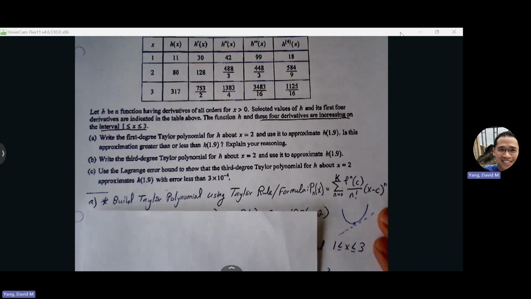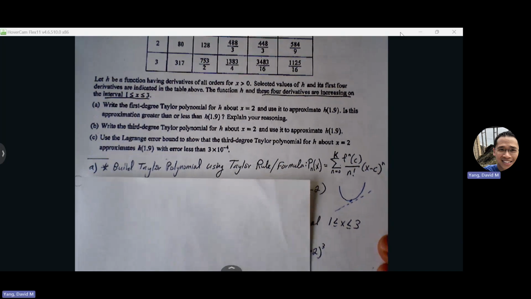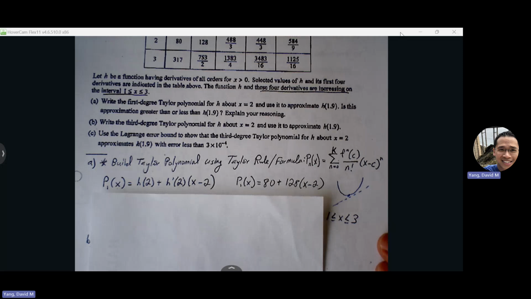Write the first degree Taylor polynomial, so we're just doing a linear approximation here.